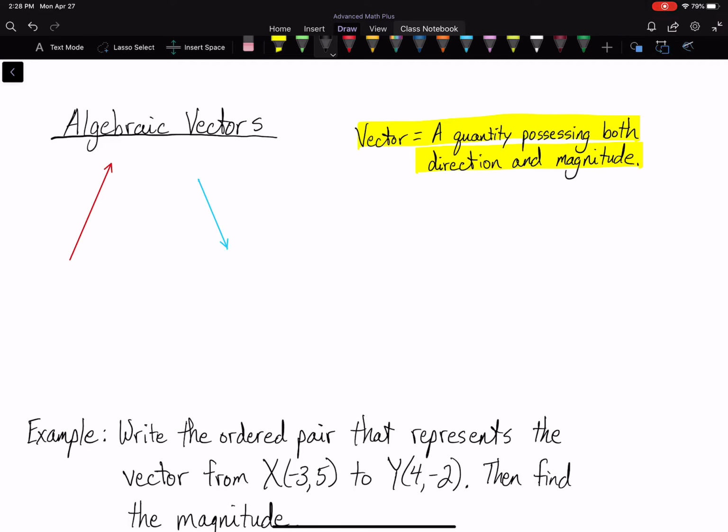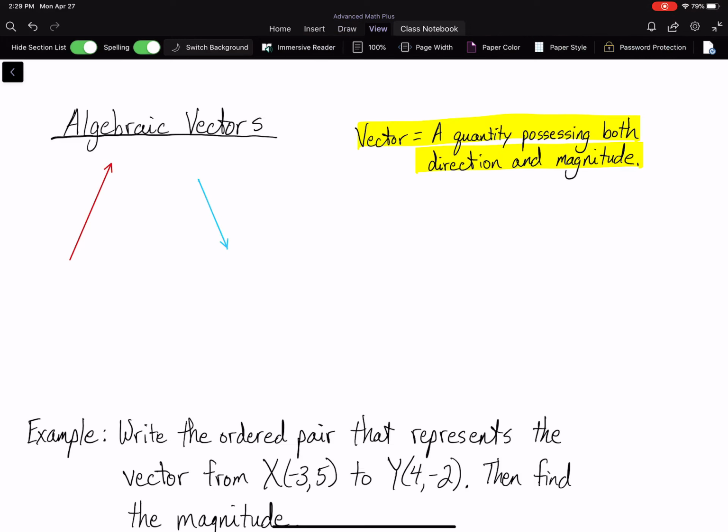So to make it algebraic, we're going to assign an ordered pair to name it using our algebra skills. So the first thing we're going to do is take our vectors, and note, vectors can be anywhere, but we're going to put them in a coordinate plane.